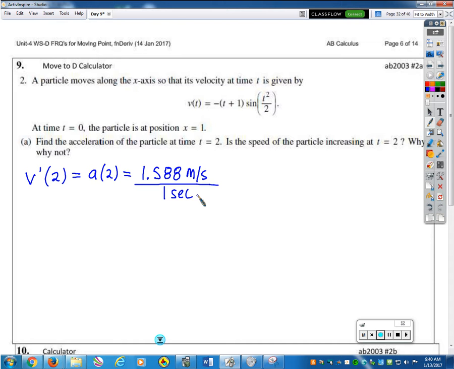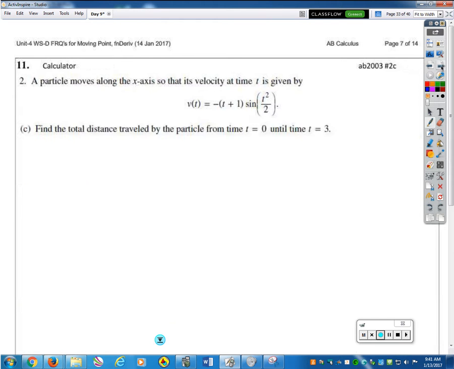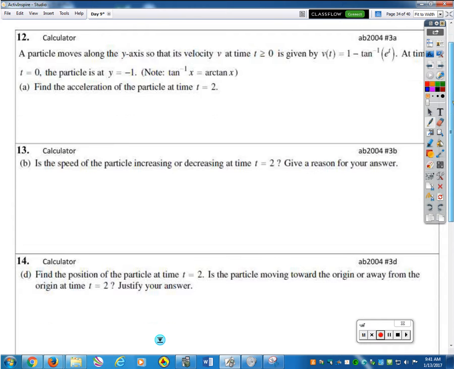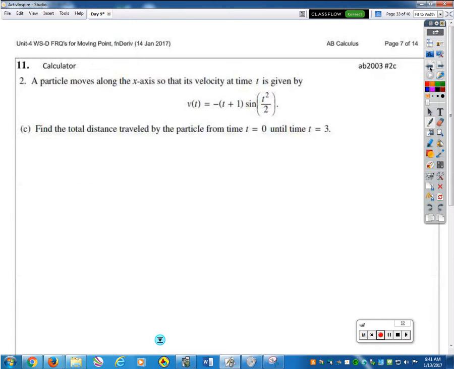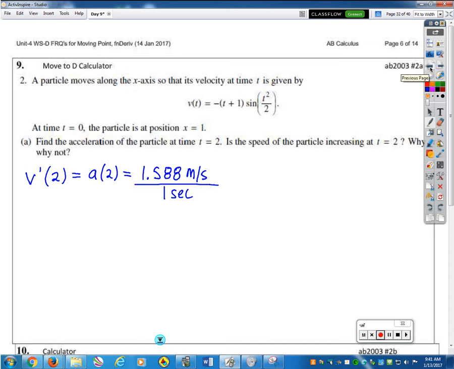Here's what you must do to get the points on the AP test. Very similar to number 14, where we compared the position to the velocity, here we have to compare the velocity to the acceleration, to figure out whether the particle is speeding up or not. So we need to find the velocity at time 2. Here's a method that I like.